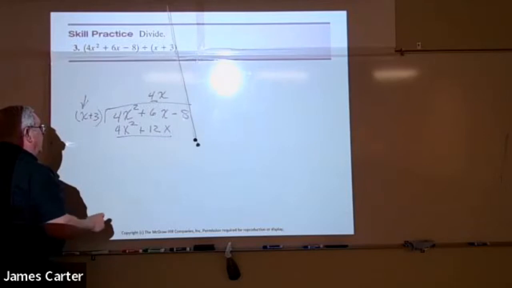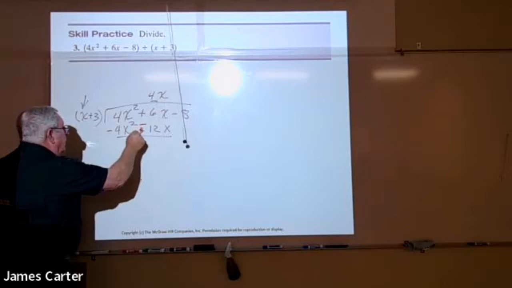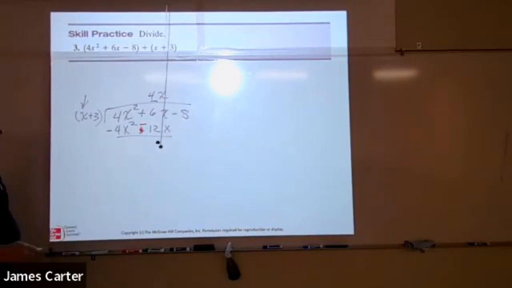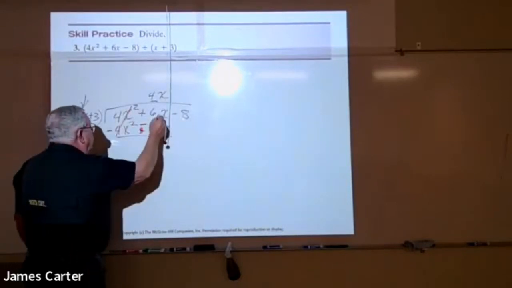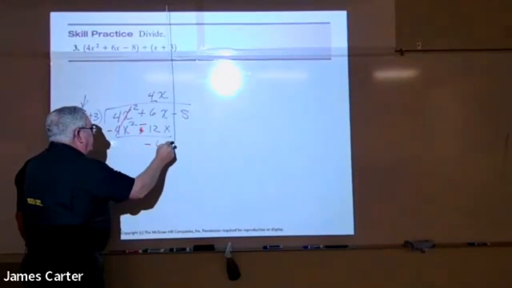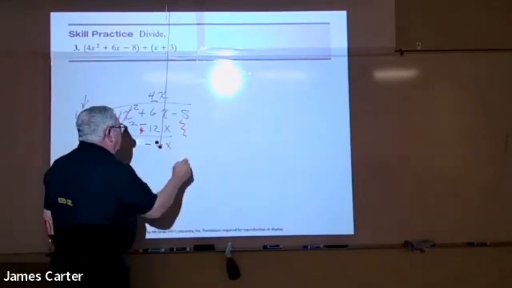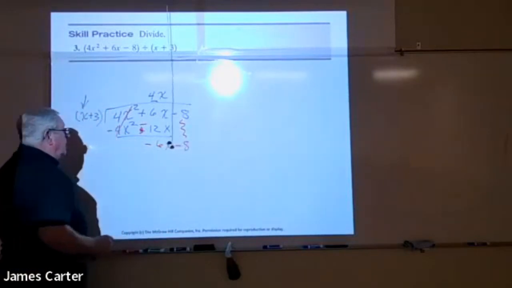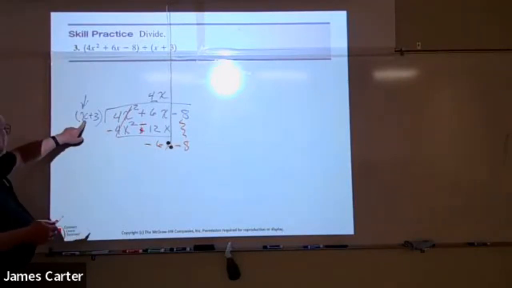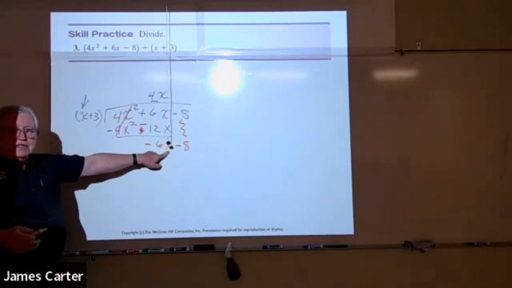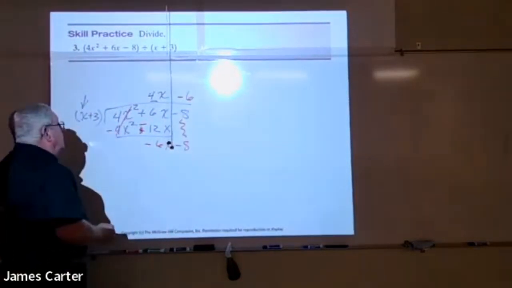Now I have to subtract. How do I subtract? Change both signs and add. Well, these two are opposites, so they wipe out. Over here, I'm going to get negative 6x. And I bring down. Now I go through my estimation cycle again. What do I do to x to get negative 6x? Minus 6. Okay.